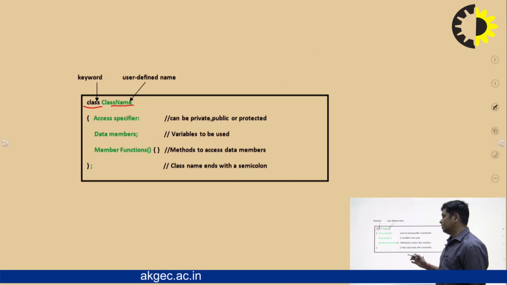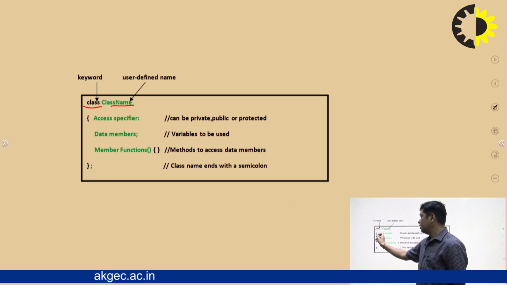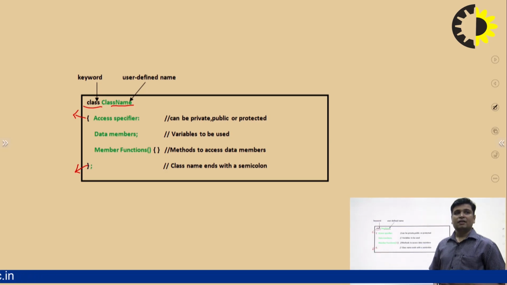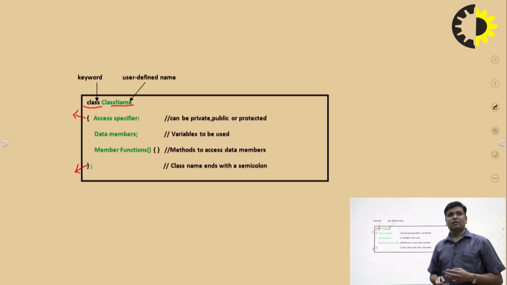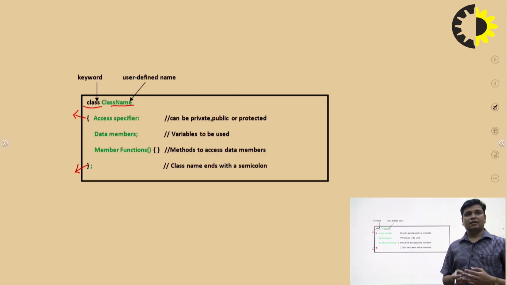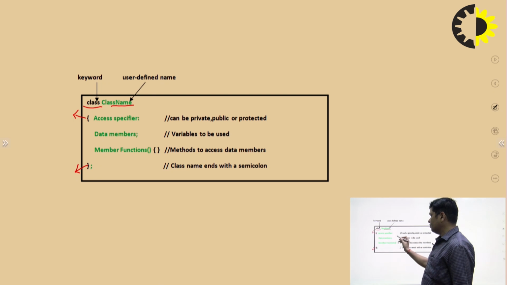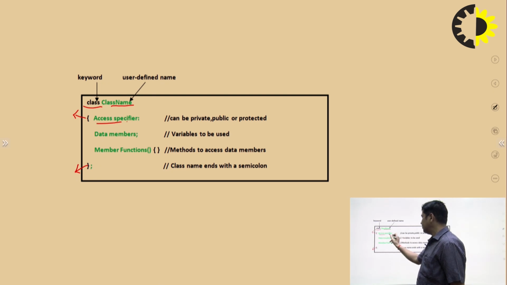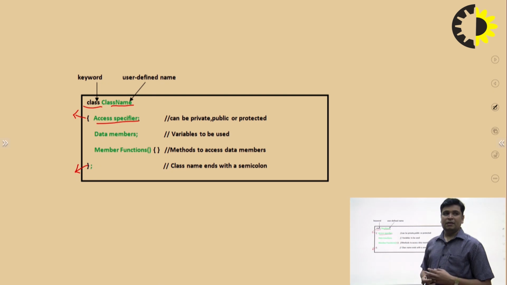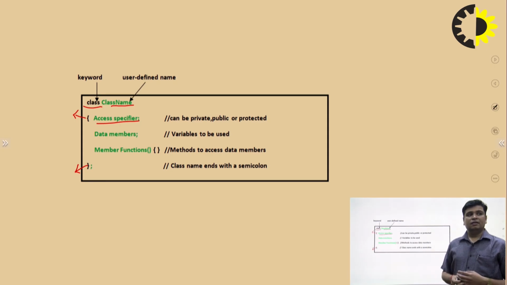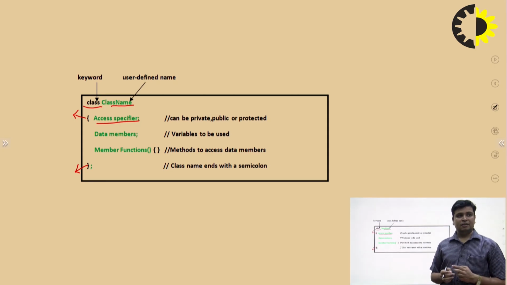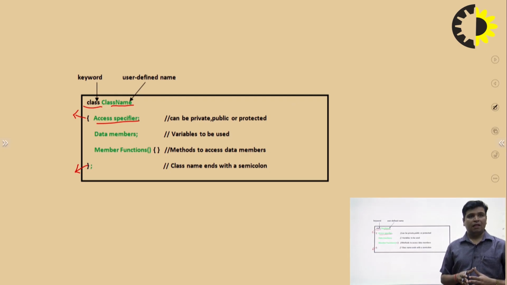The next line starts the body of the class, and this is the end, which indicates the closing of the class declaration. Now the first line is the access specifier. In C++, there are three types of access specifier: private, public and protected.